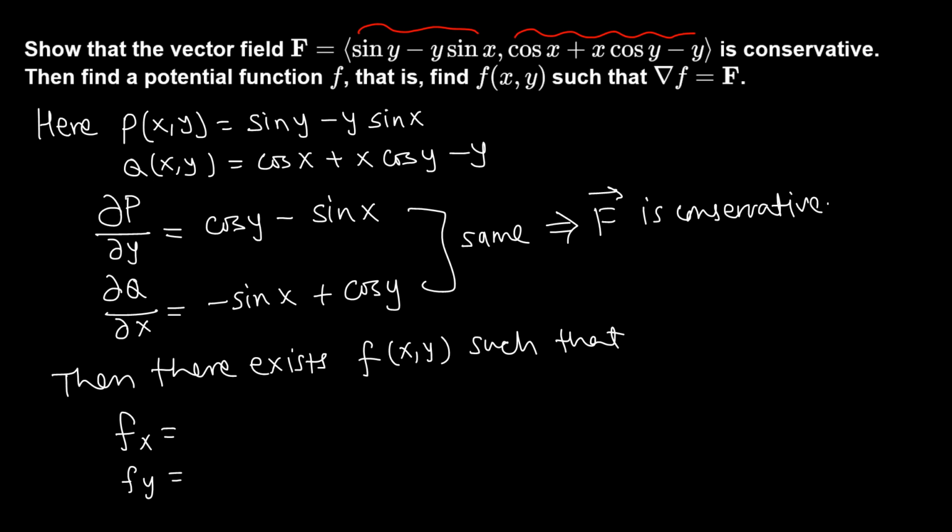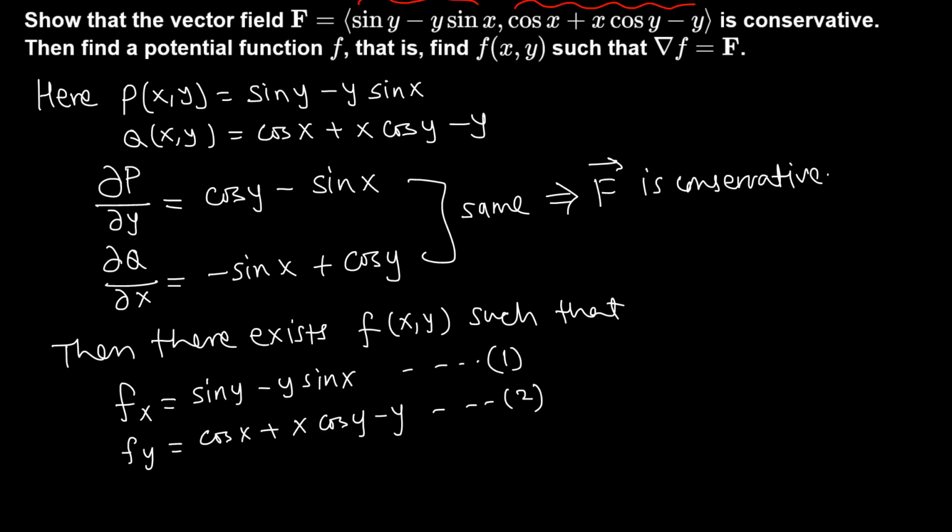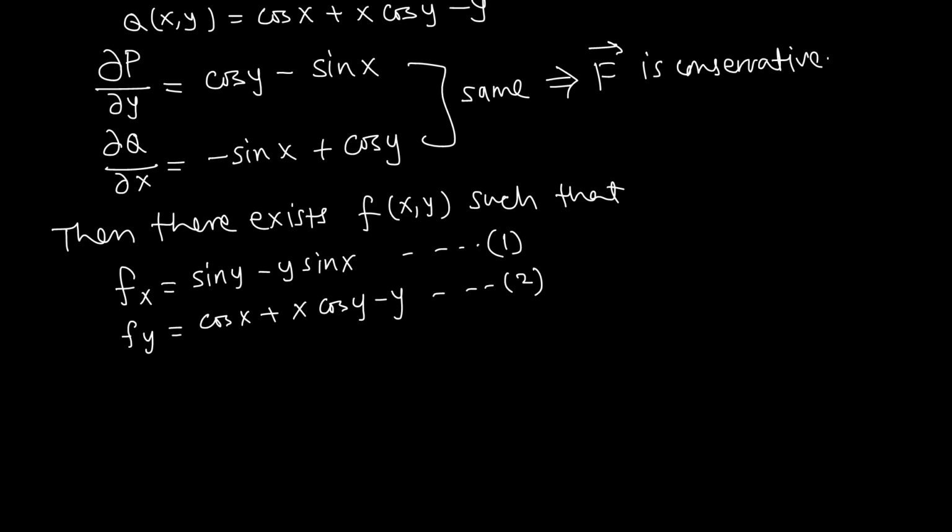There exists a function f such that the partial of f with respect to x is sine y minus y sine x, equation 1, and the partial with respect to y is the second component, cosine x plus x cosine y minus y, equation 2, and we are trying to recover the function f.